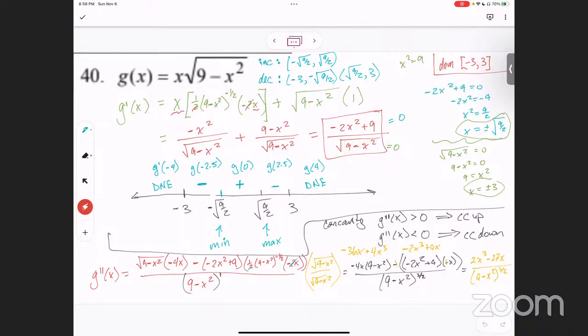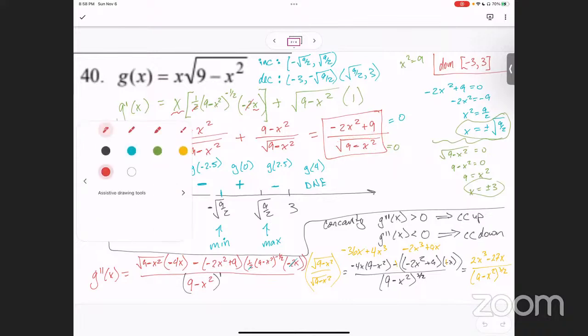But you're also not allowed to plug in 3 or -3, because that would give you what in the denominator? A negative number inside of a root. No, it would give you 0 in the denominator. Oh. And you're not allowed to divide by 0.